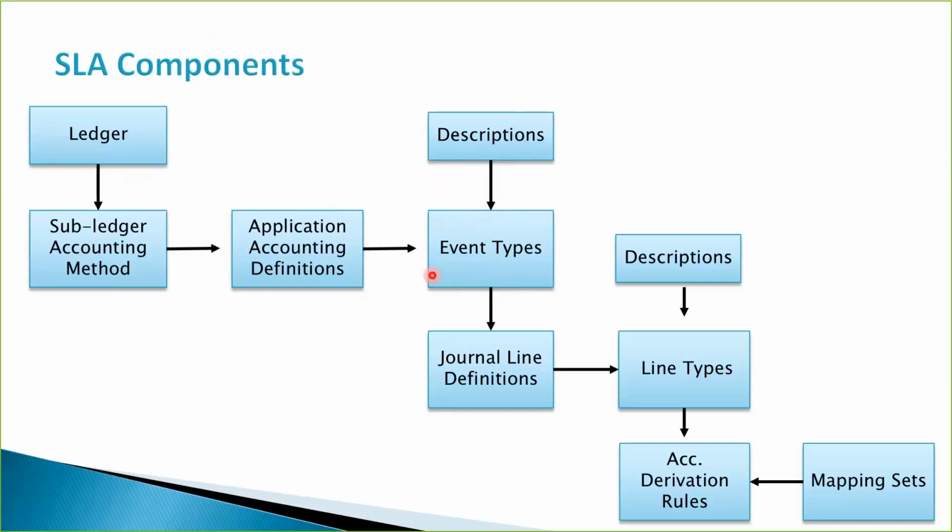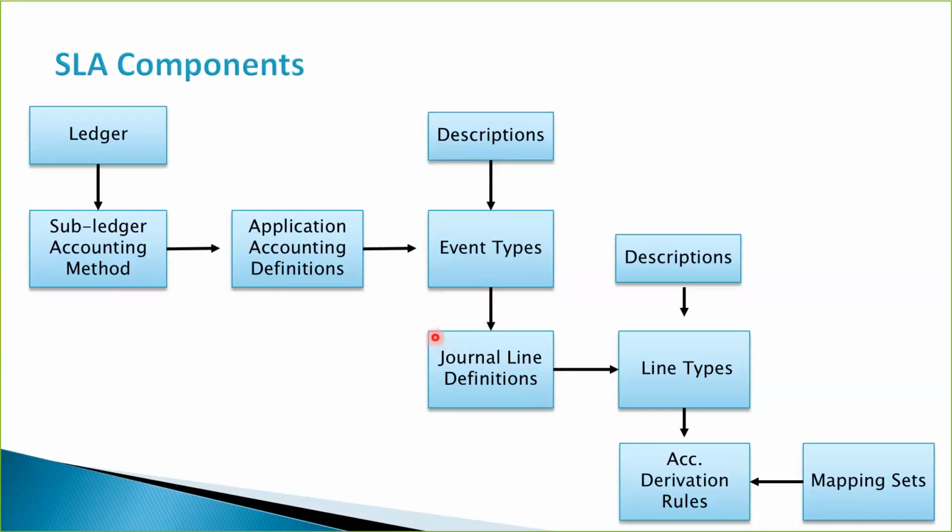So once we have our event type, that event type will have the journal line definition, which basically dictates how the accounting is created for that particular event type.